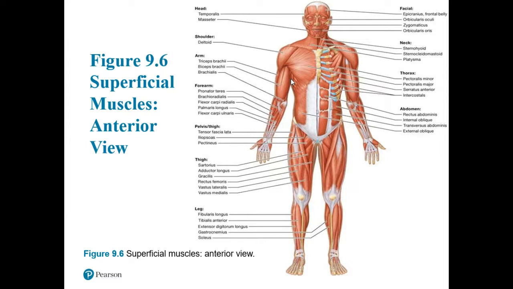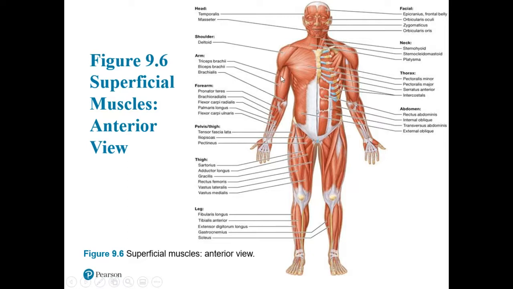So the triceps is very important. It originates on the proximal end of the humerus, but posterior, so not on the side, not in the front, but on the back of it, and it also has origination points on the scapula and again on the humerus.